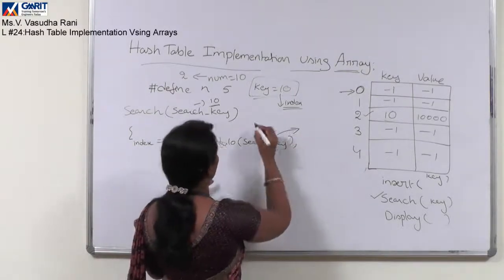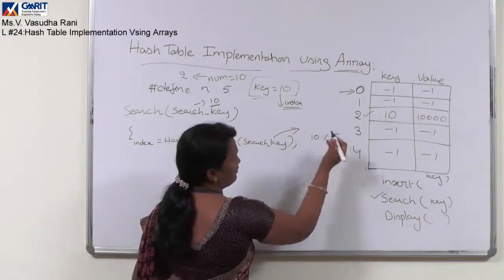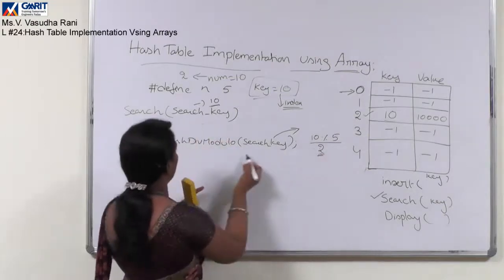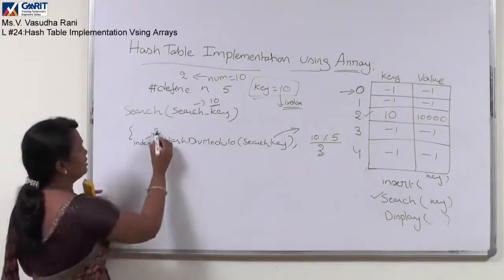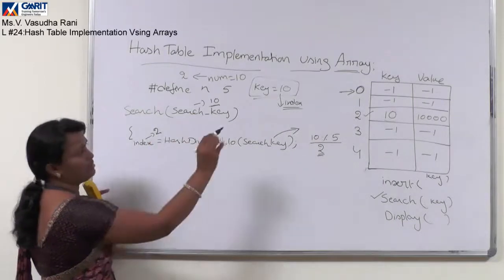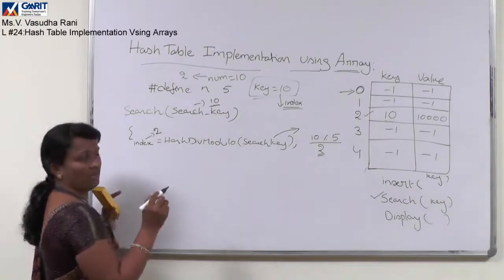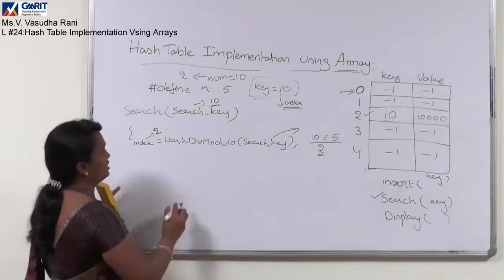It takes the search key, 10 mod 5, and the result is 2. This is the index it returns, so here we get the index as 2. For this index 2 location in the hash table we have to check whether it has any value. If it is there, we have to compare that value with this search key.